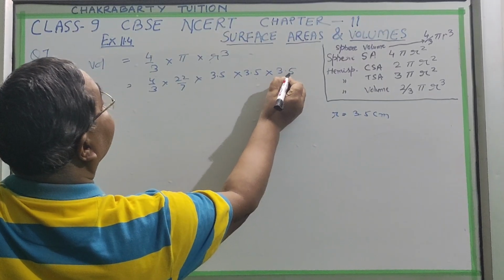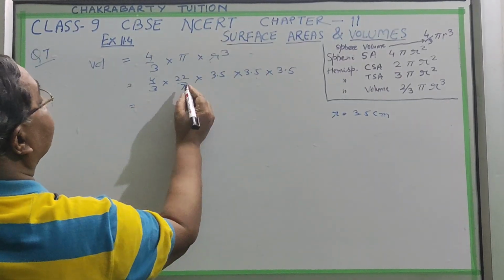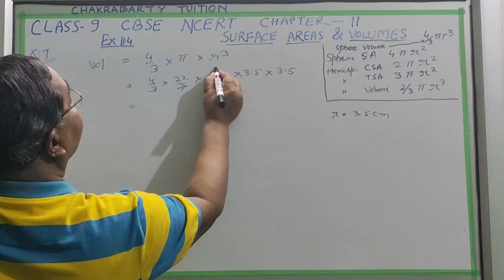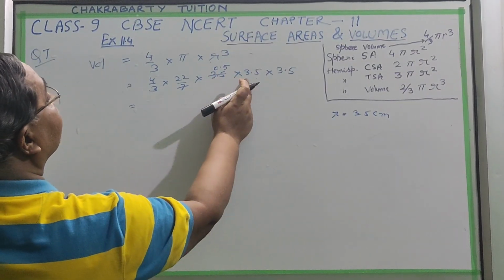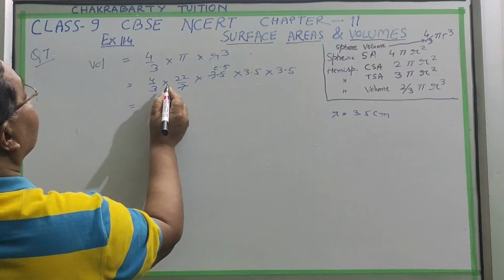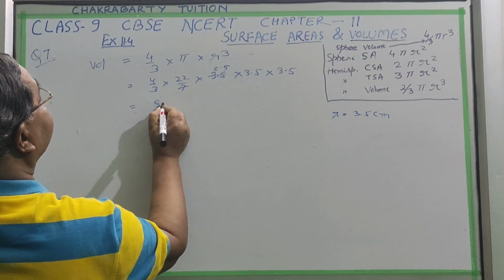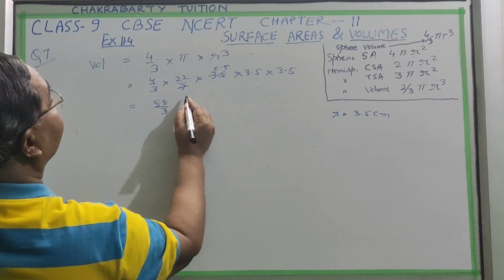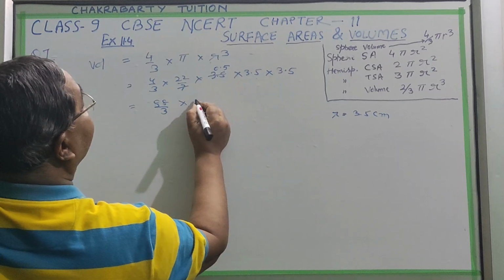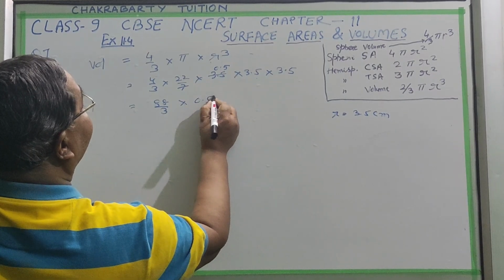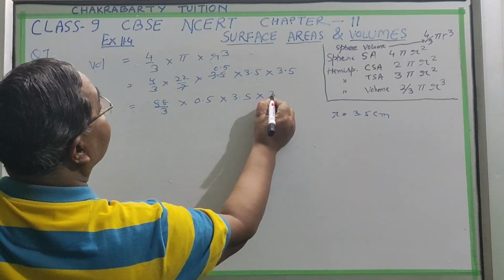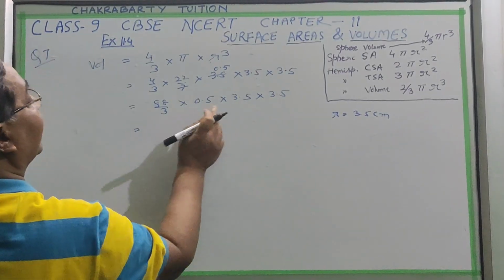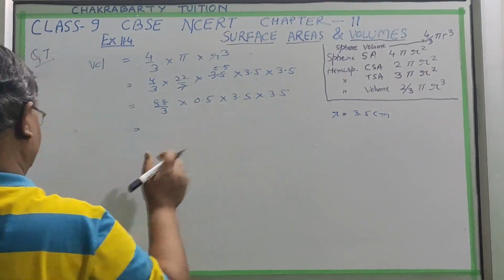Here we can cut 0.5, the other is not divisible. So it will be 88 by 3 into 0.5 into 3.5 into 3.5. Here I am using the calculator just to write the figure.